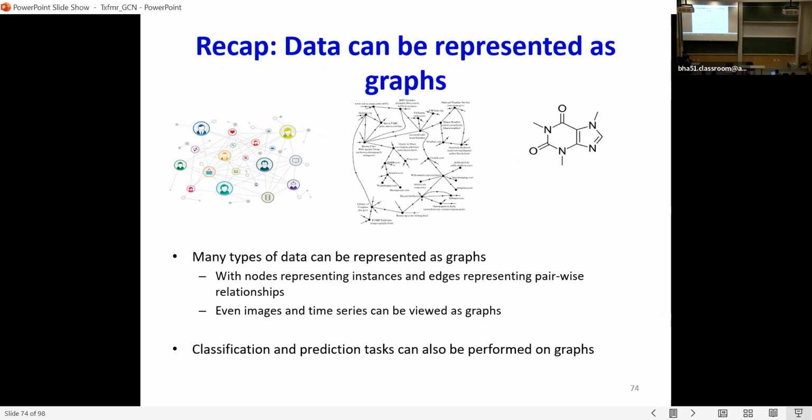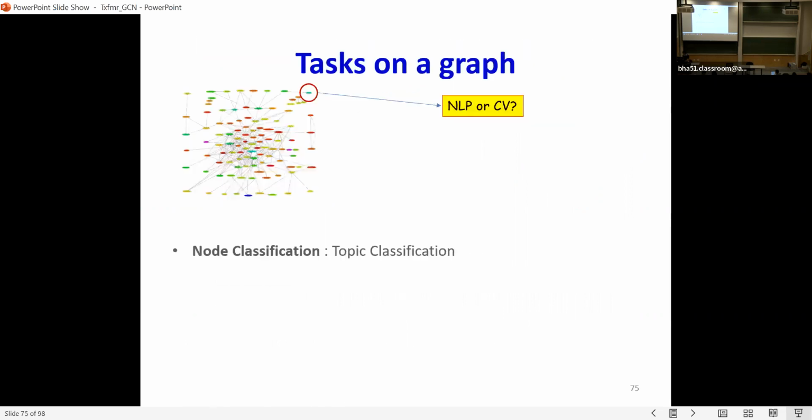Because you can compute some tasks on graphs, such as node classification.